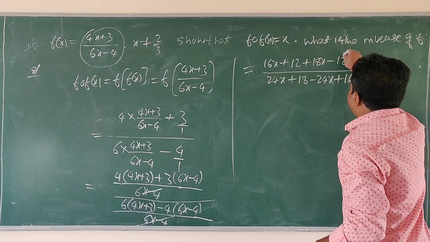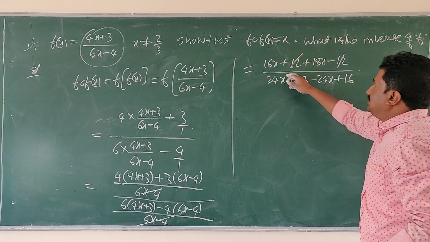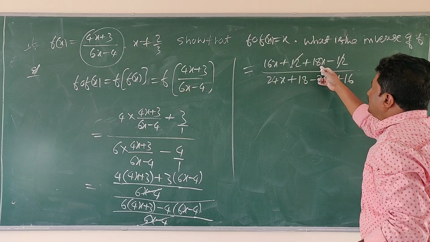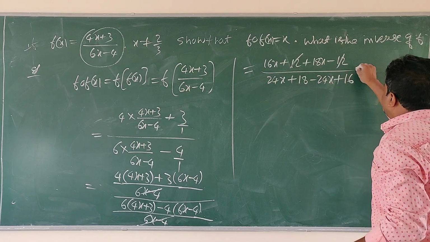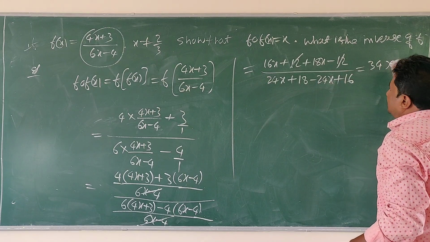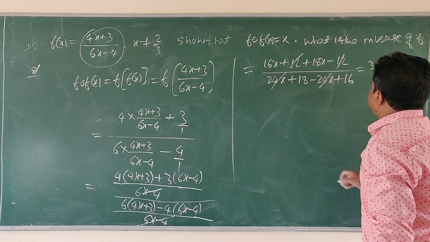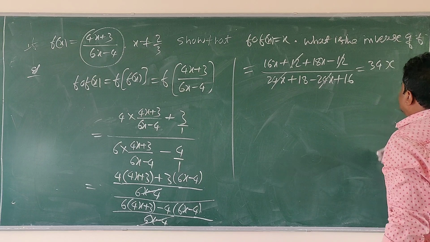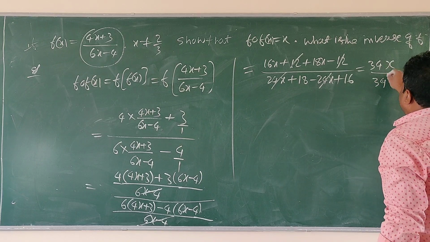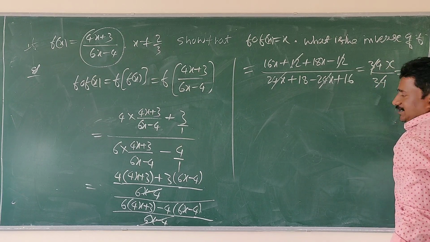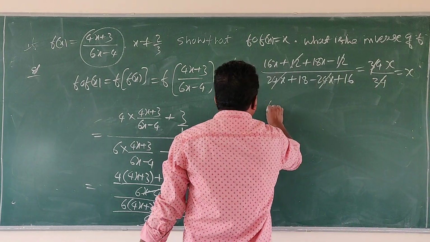Look at this, students. Plus 12 minus 12 gets cancelled. 16 plus 18, 34. Is that 34 correct? Right. Next, 24x by 34 gets cancelled. We got it. f of f of x equals x.